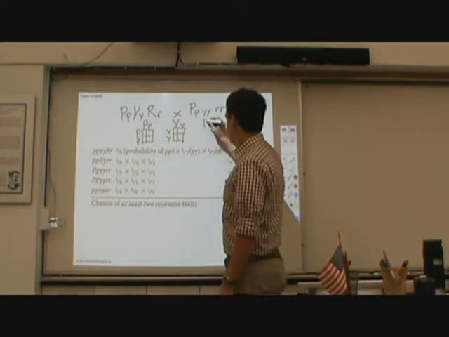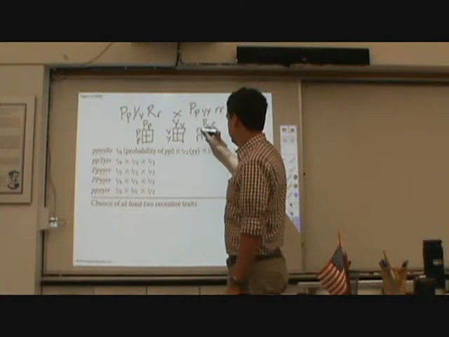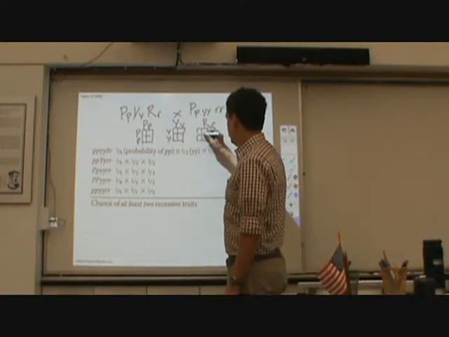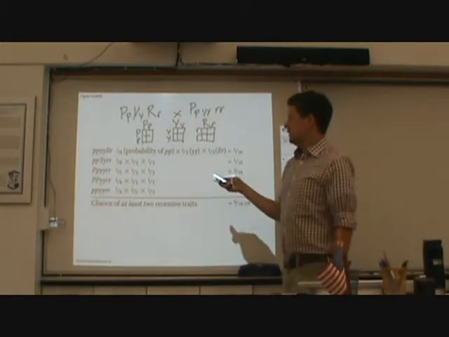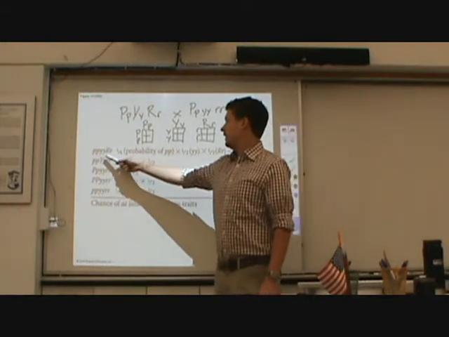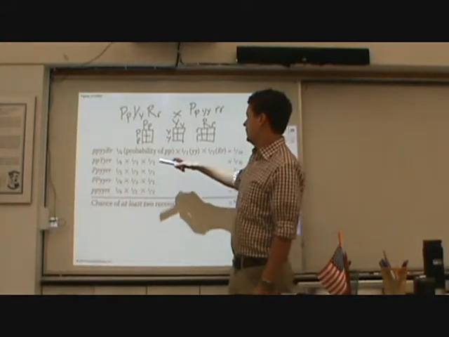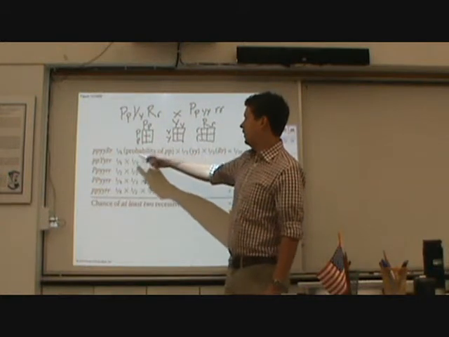The probability of getting little p is only 1/4.